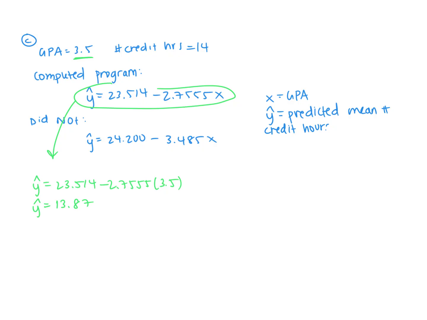I did a little rounding. Then we're going to take the model for those who did not complete the program and also plug in 3.5. So we're going to get y hat is 24.200, subtract 3.485 times 3.5, and we get a y hat value this time of 12.00.